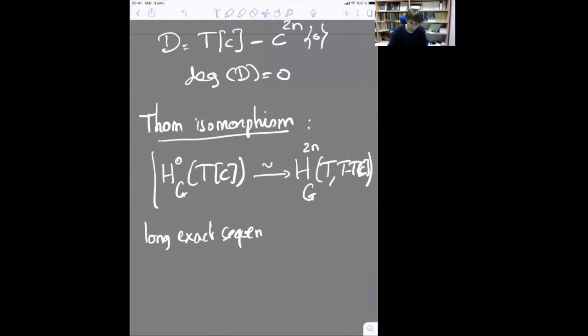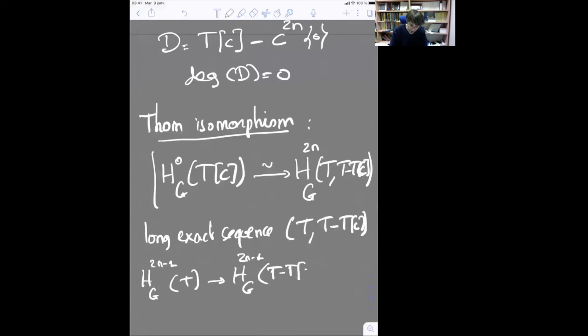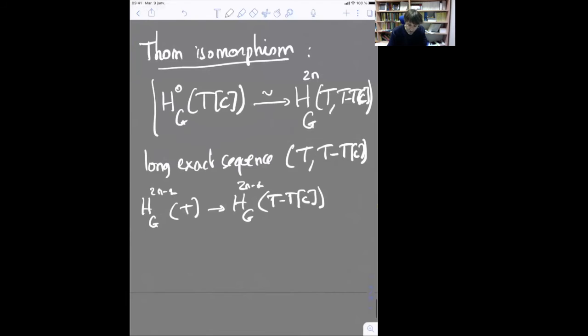Of the pair T, T minus TC. And in this long exact sequence, I will consider this part: H^G_{2n-1}(T minus TC), and then go to H^G_{2n}(T relative to T minus TC), and finally go to H^G_{2n}(T).